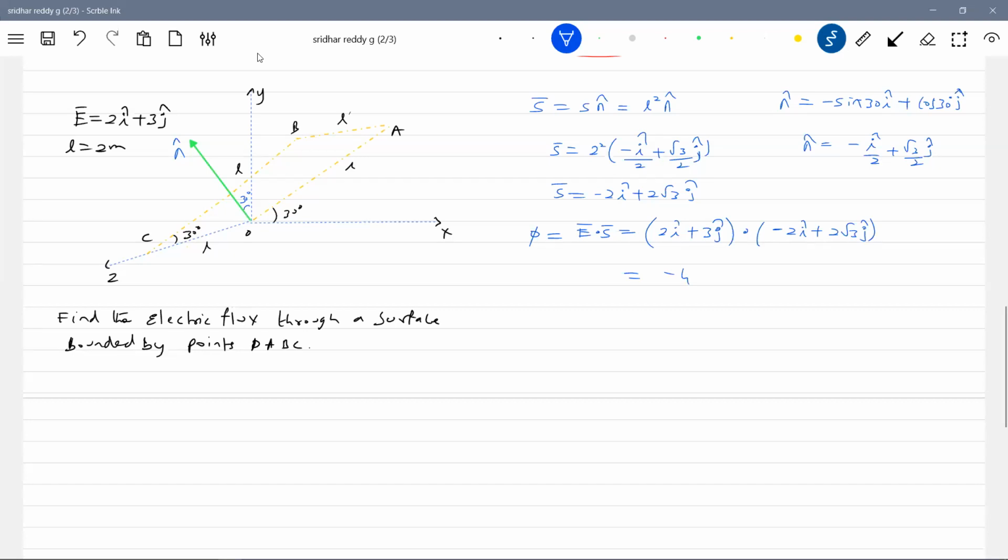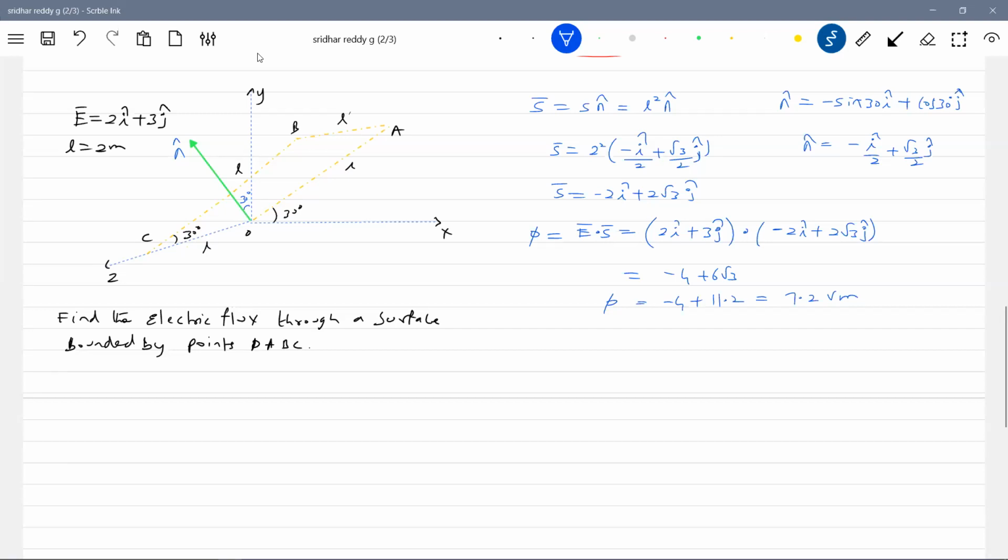J dot j gives 6 root 3. Root 3 is 1.7, 6 into 1.7 is 10.2, minus 4 will be 6.2 volt meter. This is the flux linking the surface.